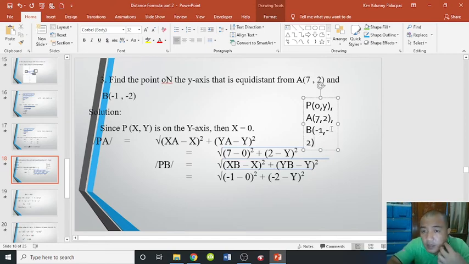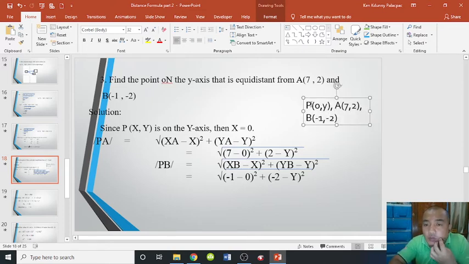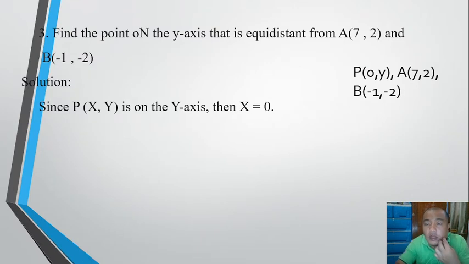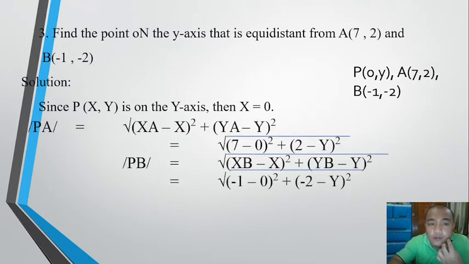So this means that if we're going to find the distance between P and A, it is equal to the distance between P and B, right? So let's continue. For PA, we have (7 minus 0) quantity squared plus (2 minus y) quantity squared.